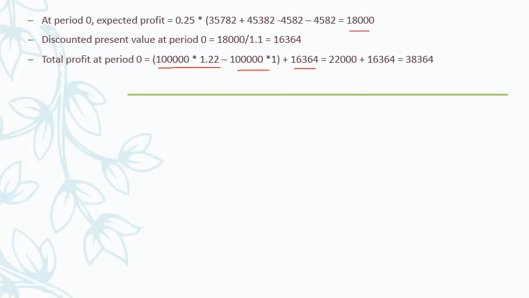So you will get 38,364 as the net profit. So if you follow the second option, that is leasing option, the total profit that we get is 38,364. The first option was something around 5,000 plus something. Second is 38,364. Now let us go to the third option.